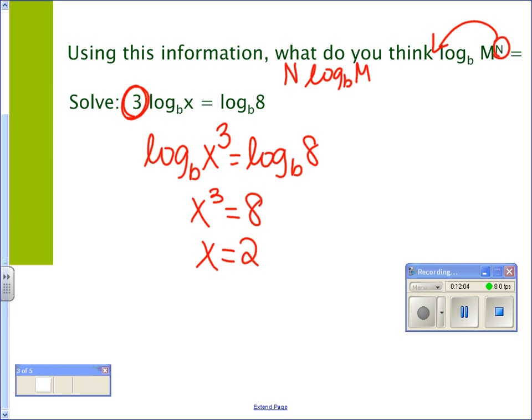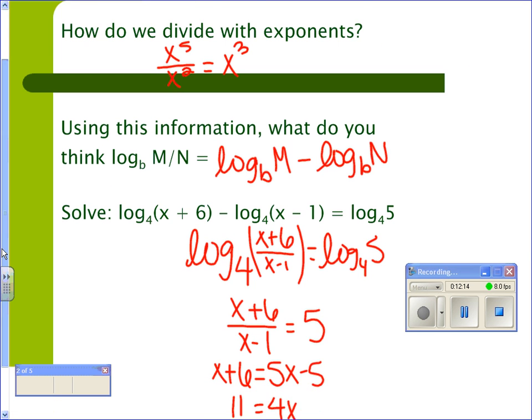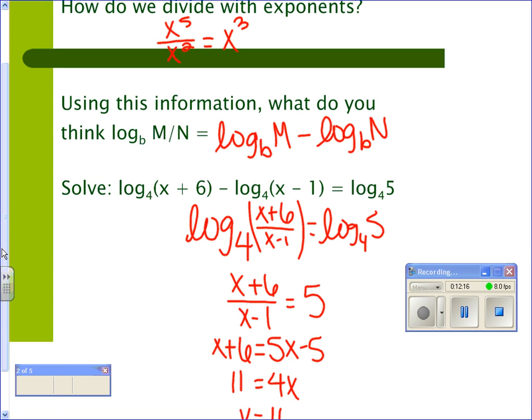So some logs don't work, right? Logs of negative numbers. So if I had gotten x equals whatever I actually got, and I also got x equals negative 10. Could I actually have negative 10 as an answer? If I look up here, negative 10 plus 6, is that a positive number?